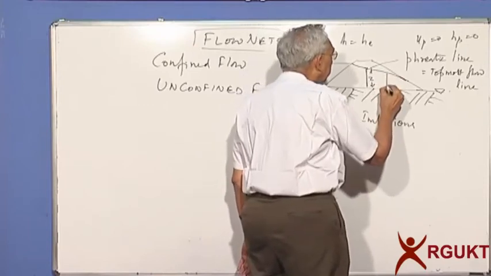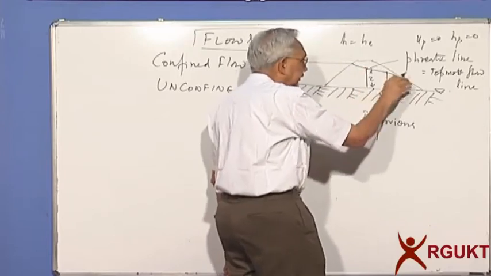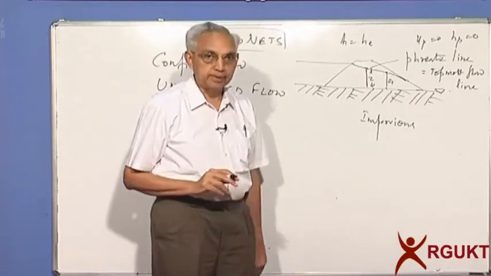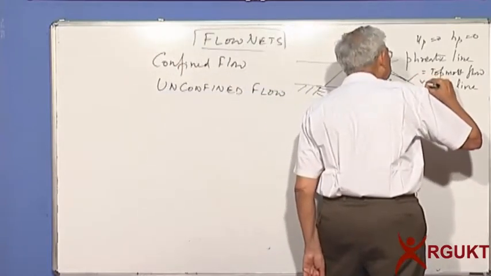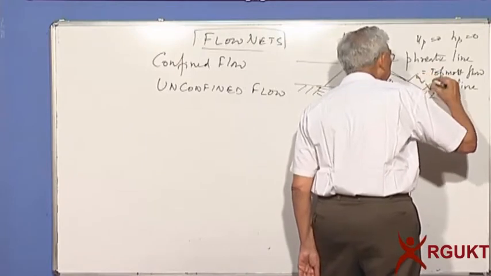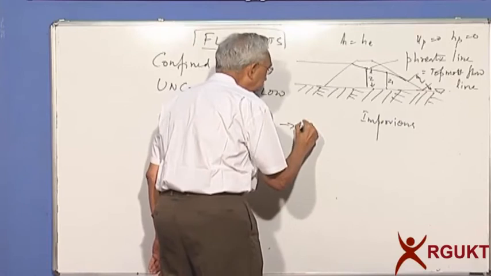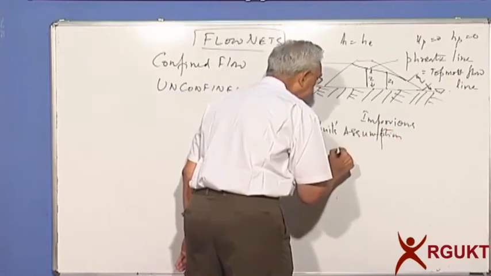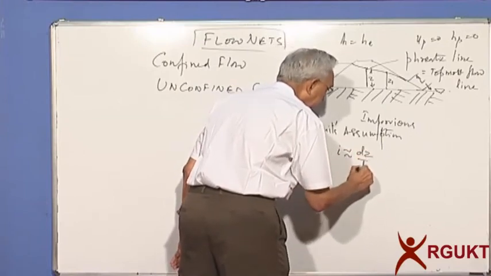If I take another point here, this will be, say, Z1, and as you know, the head decreases as you go to the downstream side. So what is necessary is to find out this length L, which we got from Dupuit's assumption, which says the gradient is approximately equal to the slope of the line.